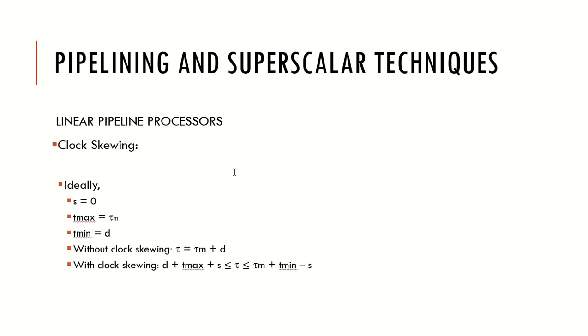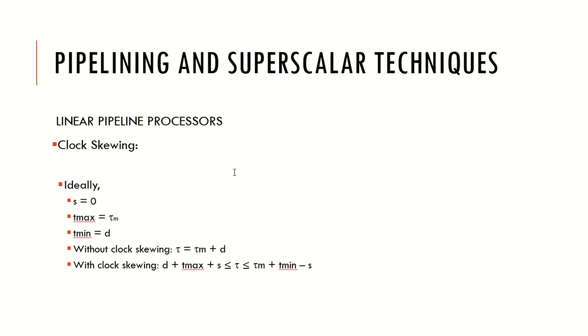In that case, tau is equal to tau m plus D. Whereas if you have clock skewing, you will have to consider that offset, and that will be written as D plus T max plus S, less than or equal to tau, less than or equal to tau m plus T minimum minus S. So if you have the clock skewing problem, tau will have a range from D plus T max plus S to tau m plus T minimum minus S. So this will be the range of the value of tau.